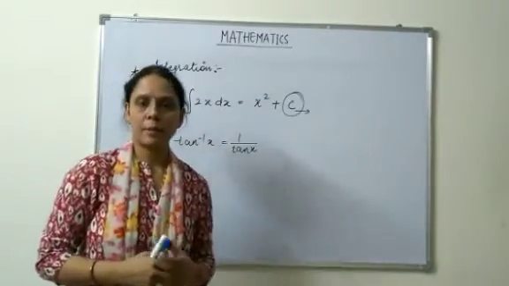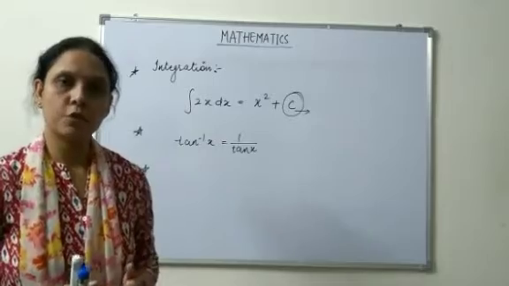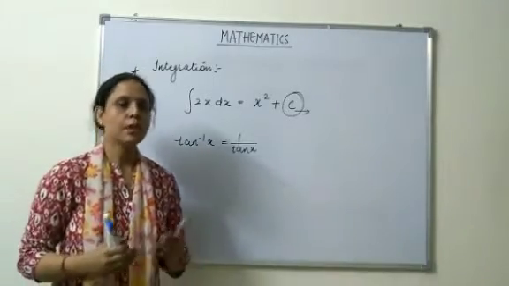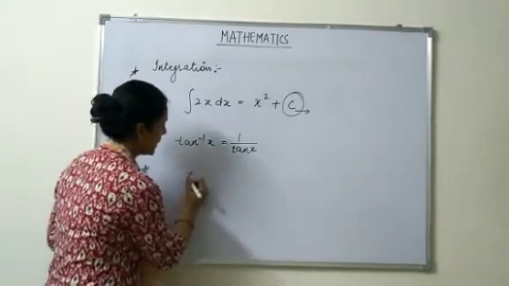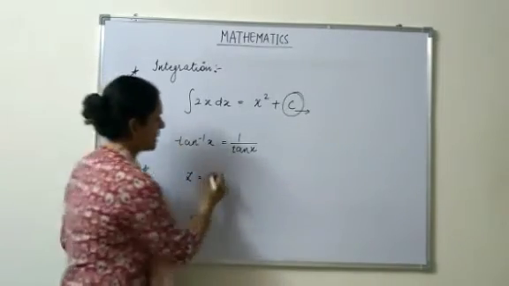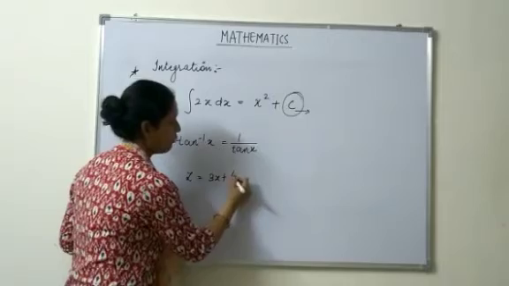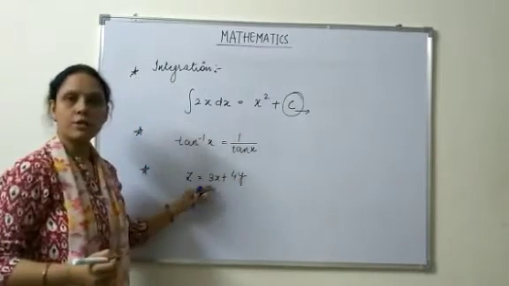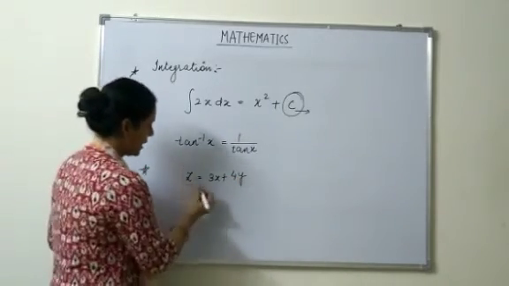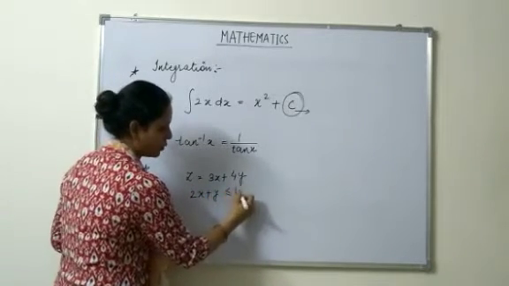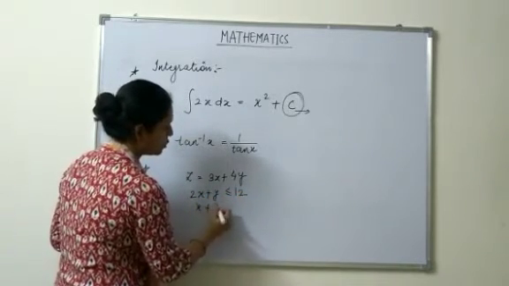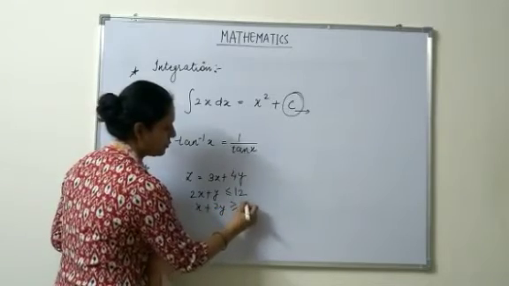Now for linear programming problems, whenever a word problem is given to you, you are all able to form the equation of the objective function which you represent by z. That is, suppose I am just taking an example, like 3x plus 4y. Then the equations of the given constraints, like maybe the first equation can be 2x plus y is less than equal to 12, or x plus 2y is greater than equal to 15.